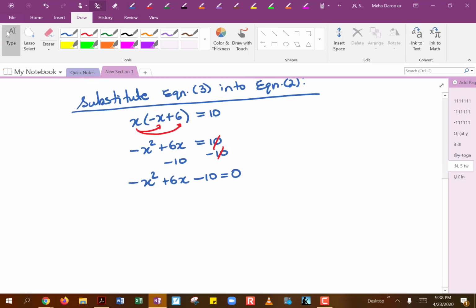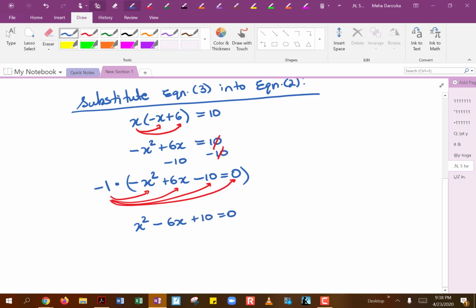If you guys want to get rid of the negative, you can take the entire equation and multiply it by -1. So of course that means each term gets multiplied by -1, and you will end up getting positive x squared minus 6x plus 10 equals 0.